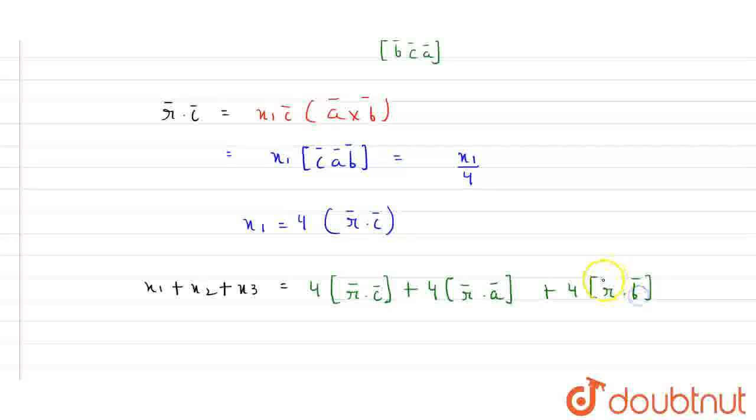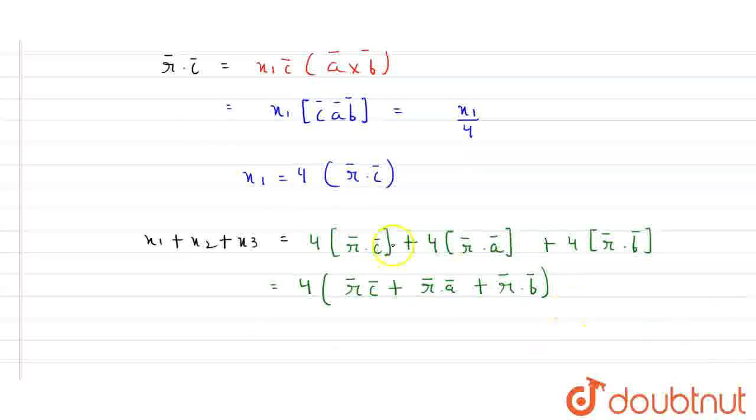Okay, we have calculated each and every term. Now I'll take 4 common, so it will be equal to r dot c plus r dot a plus r dot b. Okay, this is my value for x1 plus x2 plus x3.